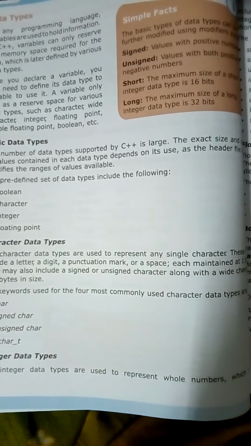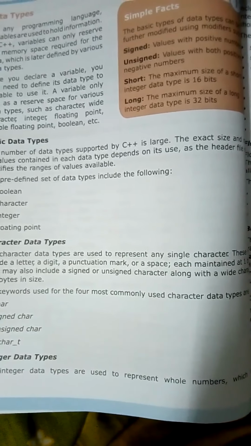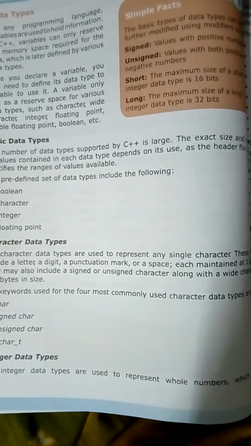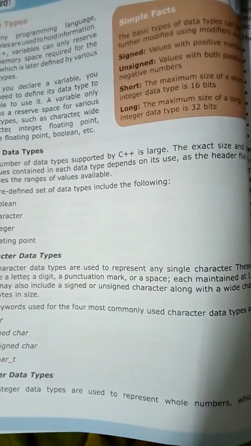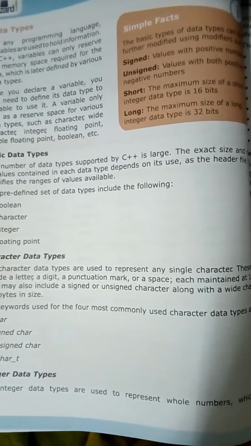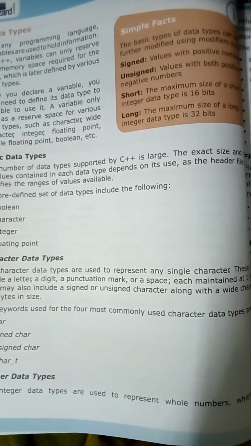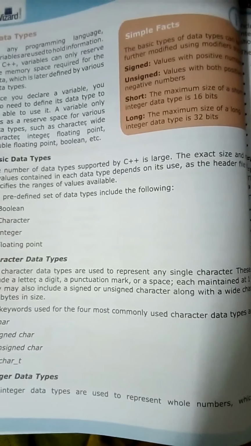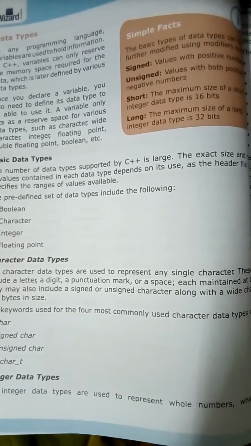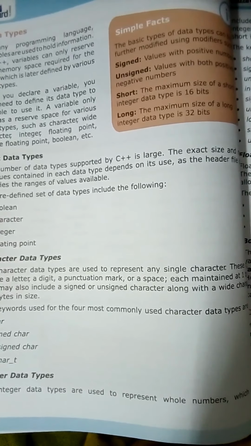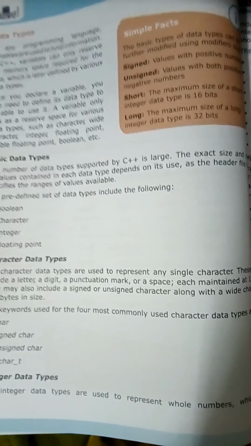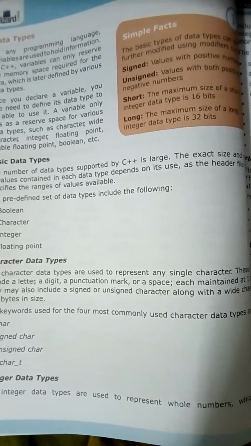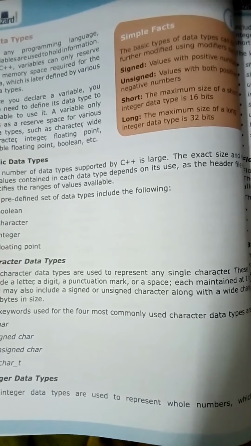Signed means it may be both positive or negative, and unsigned means usually positive. If it is a positive number, you don't need to give the positive sign, but if it is a negative number, then you have to give the minus sign.